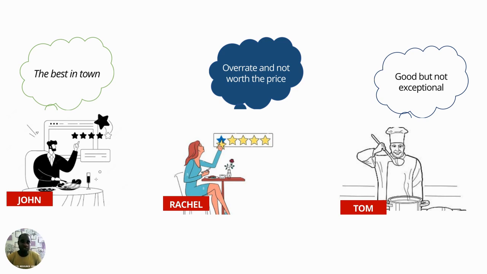So based on the statement, the answer to this story is false, because while John gave a positive review, Rachel's review was negative, and Tom's review was mixed. It wasn't totally on John's side, neither was it on Rachel's side. So Tom's review was a mixed review.